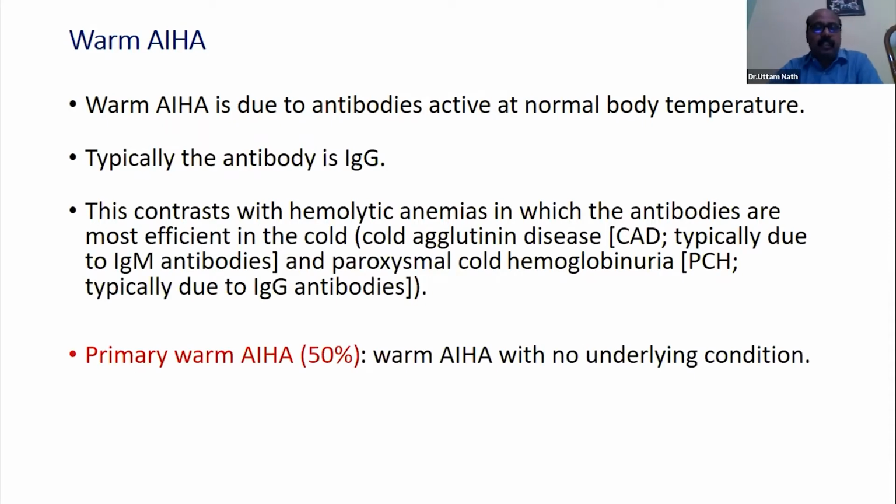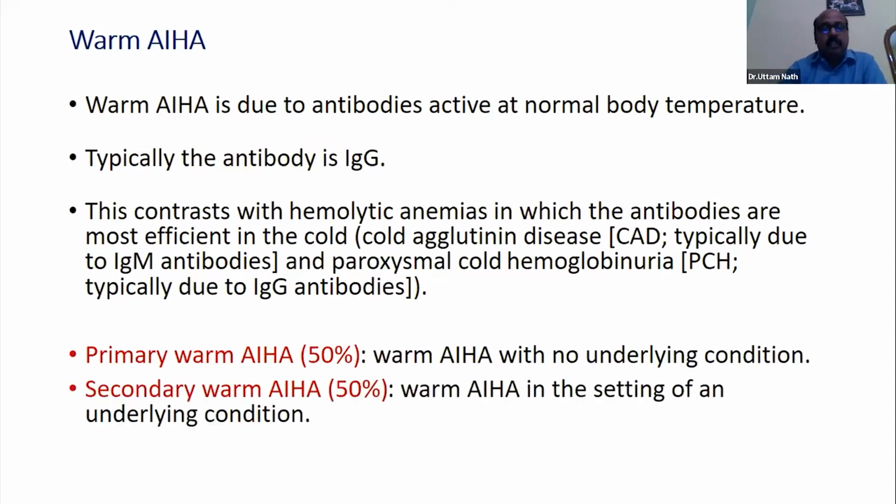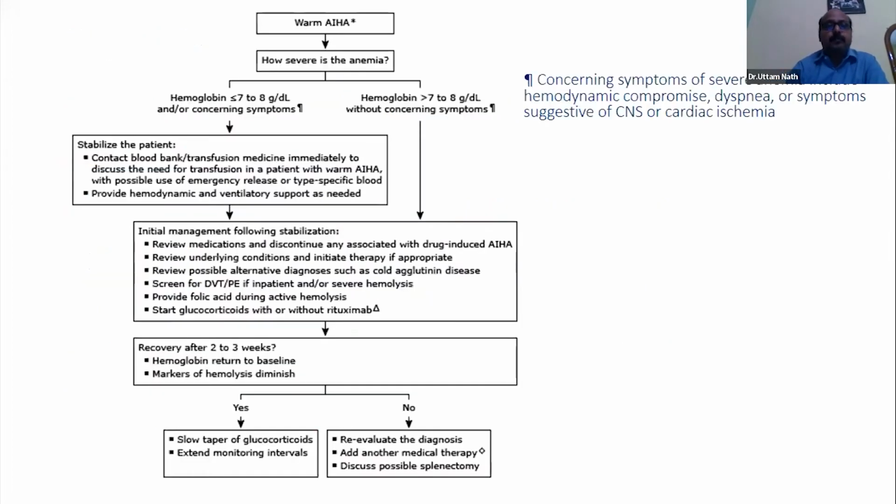Primary warm AIHA accounts for roughly half of the warm AIHA which we see in our practice, and the other almost 50%, in some series 50 to 60%, are secondary to some underlying condition, which we'll discuss.